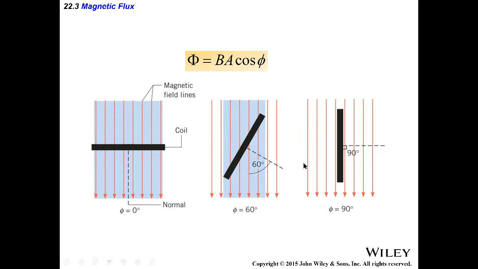And then, of course, what happens if my coil is exactly parallel to the direction of the magnetic field? Then the magnetic flux through the coil is 0. Why? Because there is no component of the magnetic field that is normal to the coil.